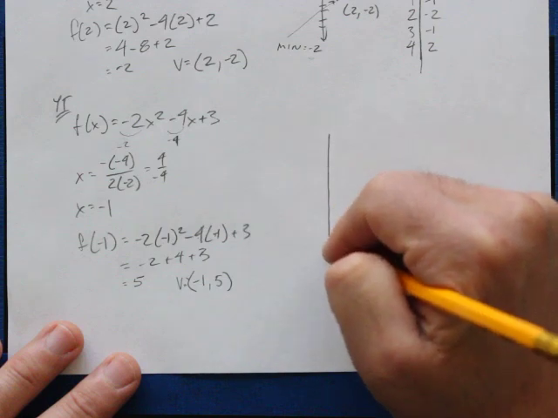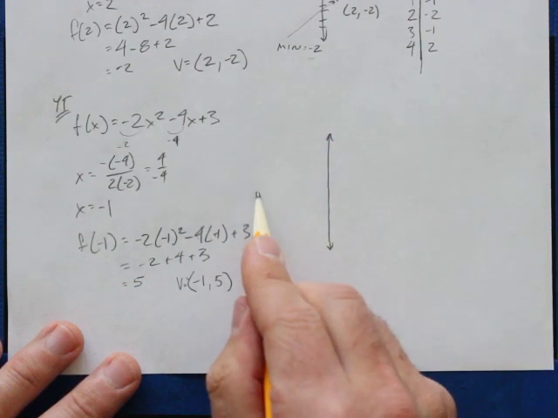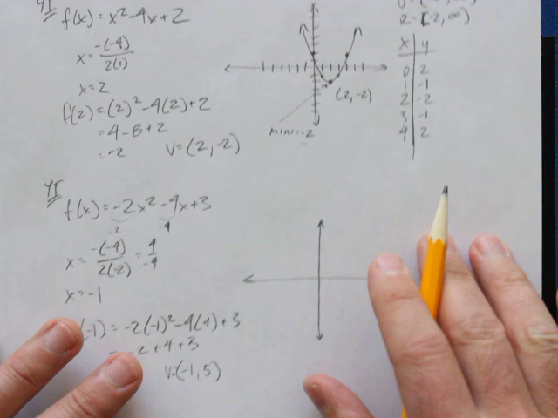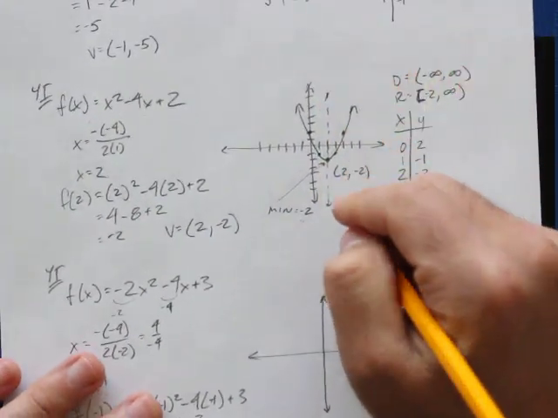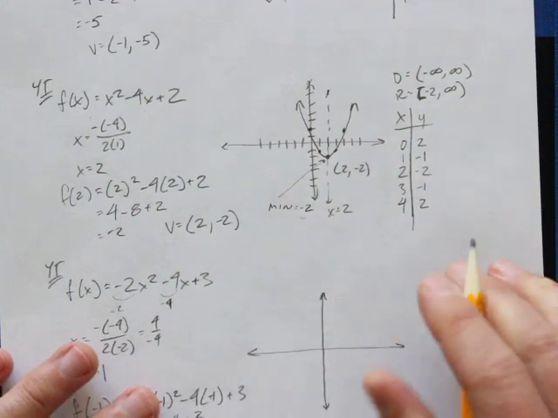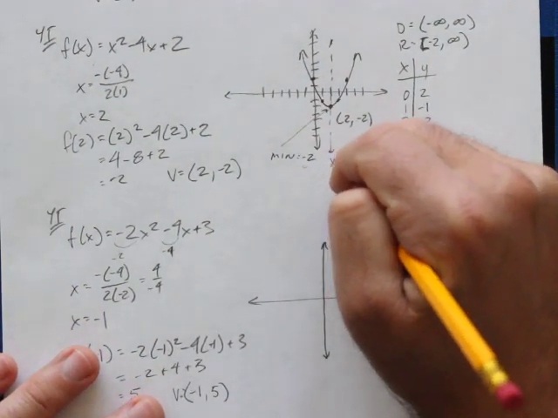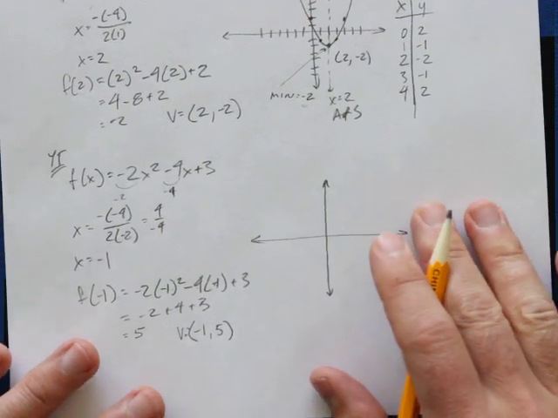Now we can start plotting this thing. Oh, on the last one we didn't say what the axis of symmetry was. There it is. Axis of symmetry is x equals 2. All right. Let's look at this next one.